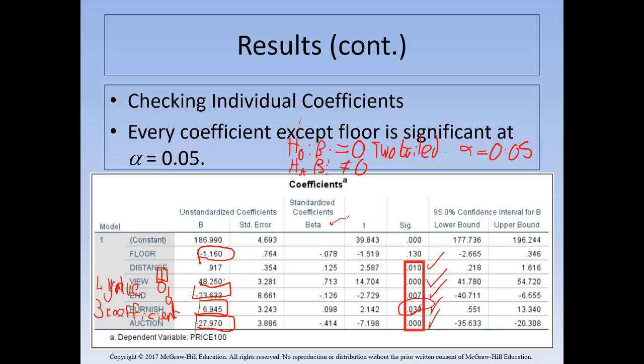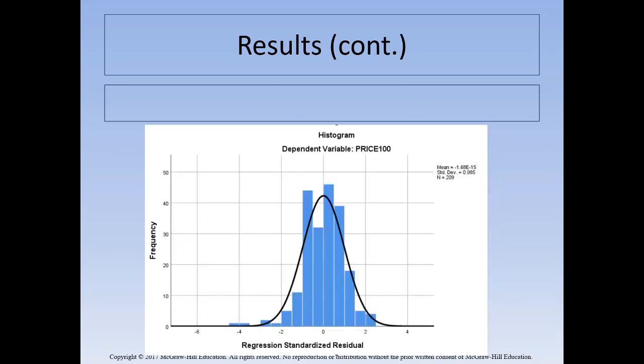So say, for example, I had 4 different majors with the fear of statistics. The base value would be, say, finance, and then I would get a coefficient for marketing, how different it is from finance, a coefficient for IT, how different it is from finance, and a coefficient for accounting, how different it is from finance. But again, we're just doing the real basics today on multiple regression.